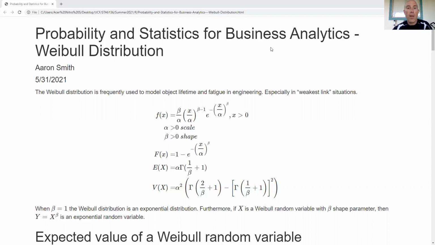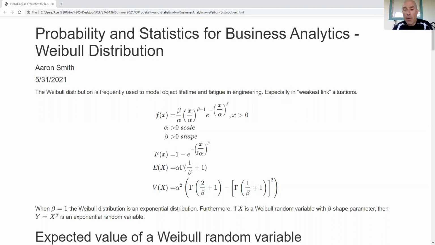All right, now the distribution looks pretty ugly. When we take a look at it, there's a lot going on there. Focus mainly on the cumulative distribution function. If you're not used to mathematics, it looks like a lot, but really it's just 1 minus an exponential, and we've got 2 parameters going on.